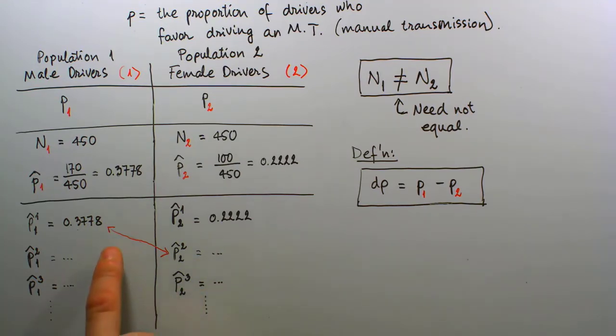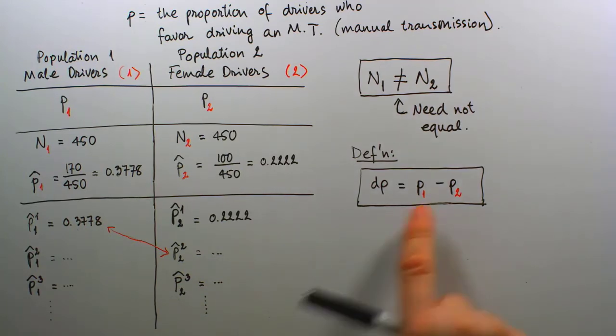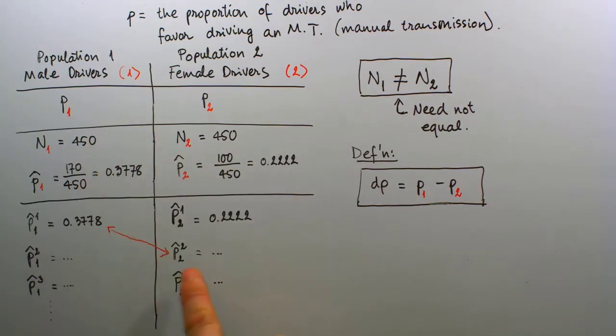So this line connecting pH1 first sample with pH2 second sample indicates that I can create a difference, and again, the convention here is value from population 1 minus the value from population 2.